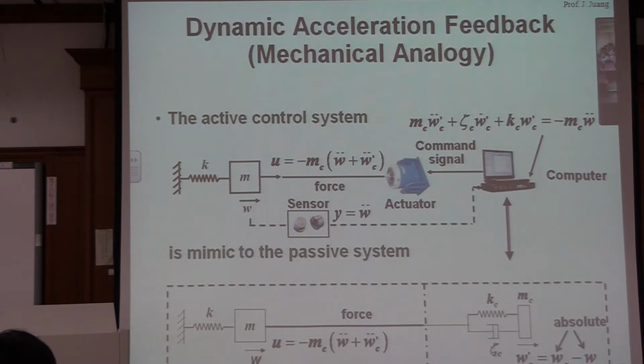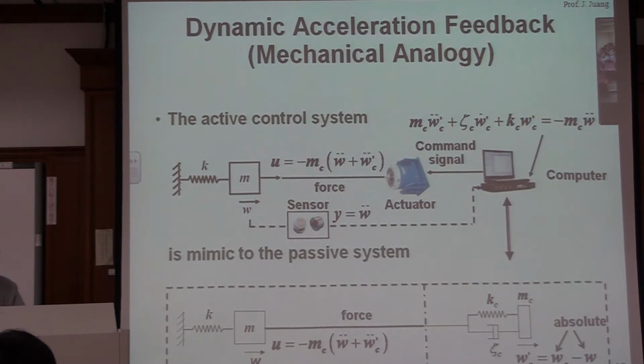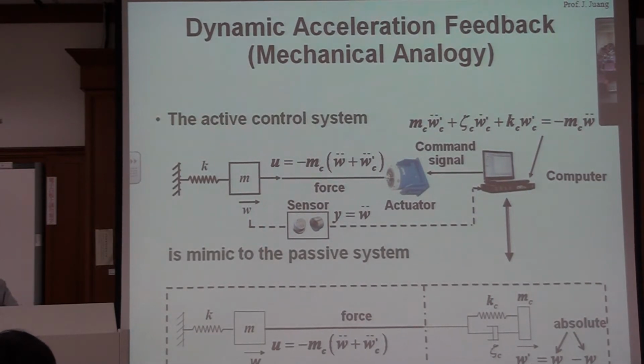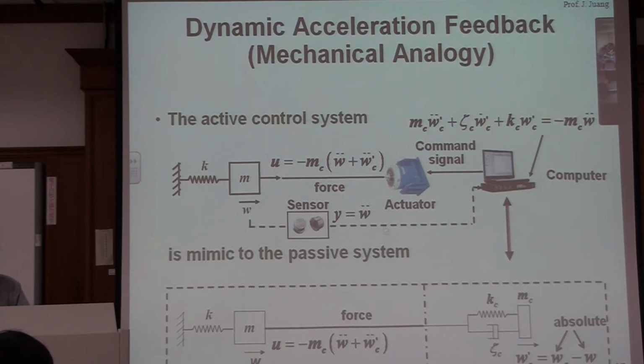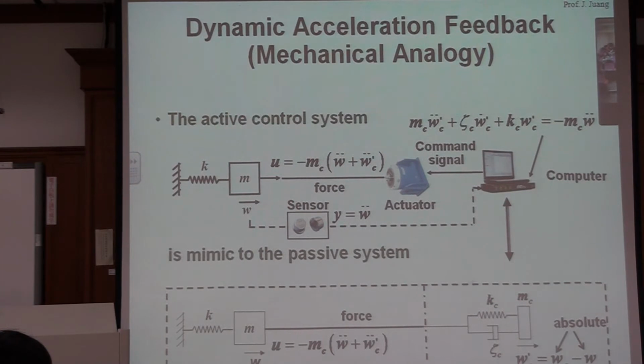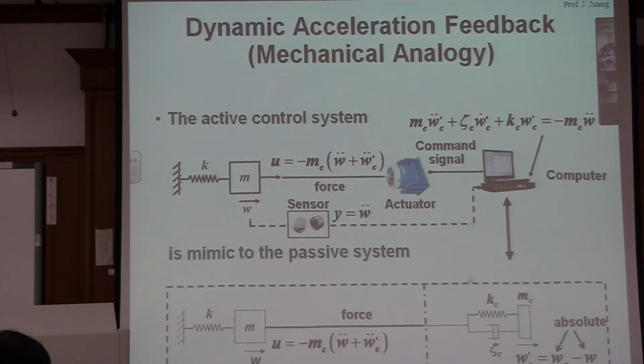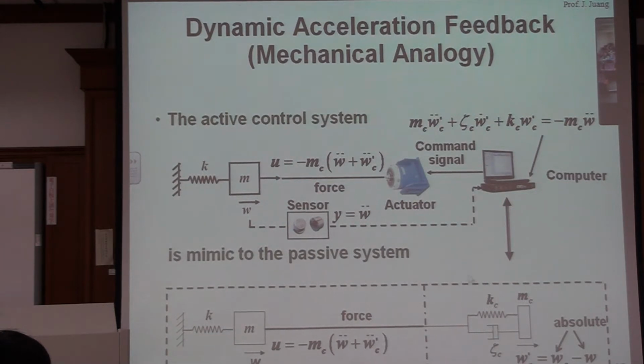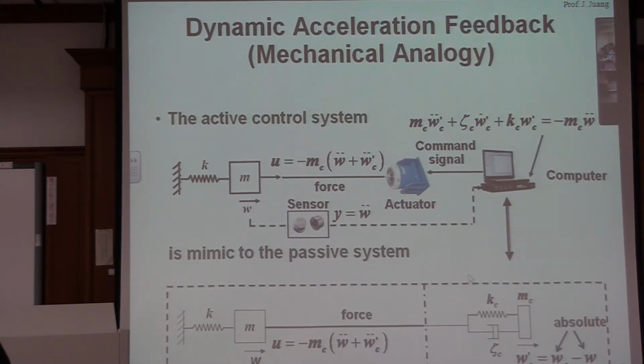Now, what are the differences? Tell me the differences between this feedback, the acceleration feedback, and displacement feedback. You can look at the passive system, then you will know what the difference is between those. Now, for the displacement feedback, what do we have?